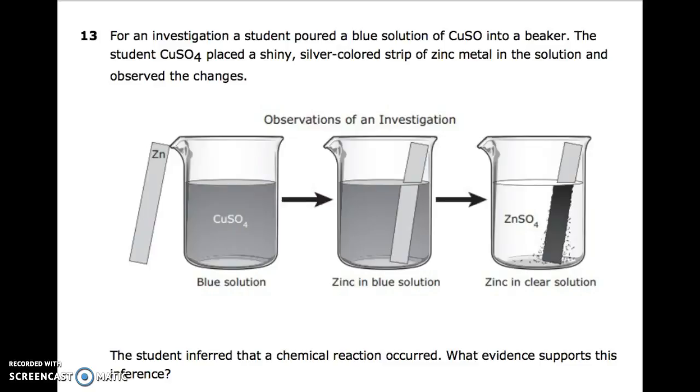The observation of an investigation: you have zinc and you have a solution, CuSO4, blue solution, yields zinc in a clear solution, and the formula is ZnSO4. The student inferred that a chemical reaction occurred. What evidence supports this inference? I'm going to scroll down to the answer choices.